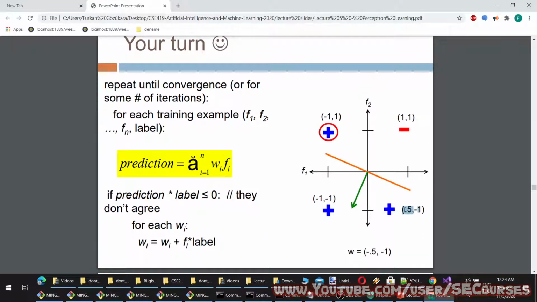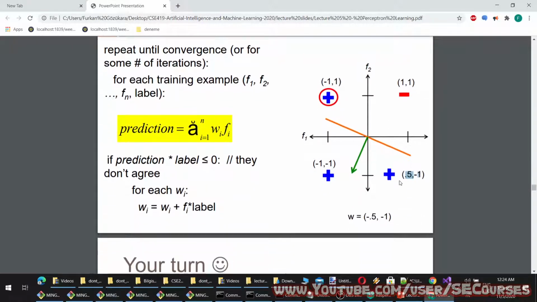We used the values here. Let's check again if it is correctly classified. This product is minus 0.25, and this product is +1. So this is now plus. Let's check this one again since we have updated weights.